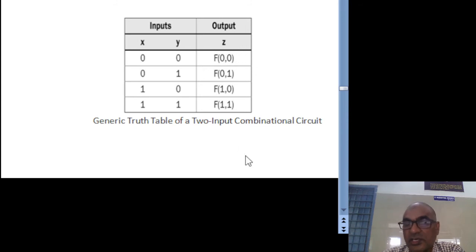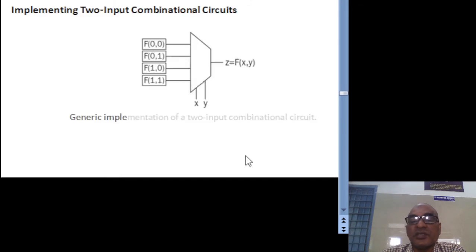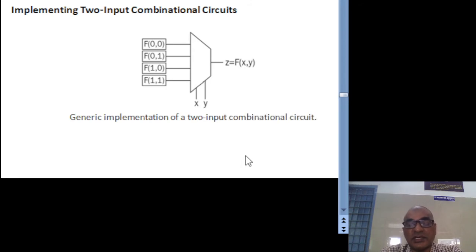The generic implementation diagram is like this. We have four inputs now, actually from the table. What is the RAM size? 4 locations. The 4 locations act as inputs for the multiplexer, so you need to take a 4 by 1 multiplexer.